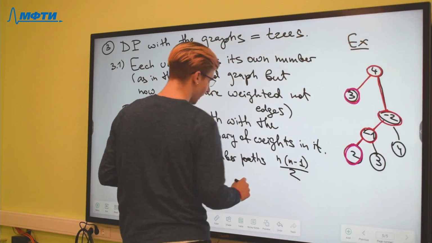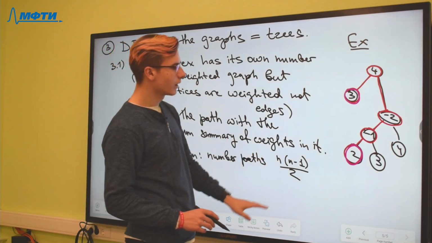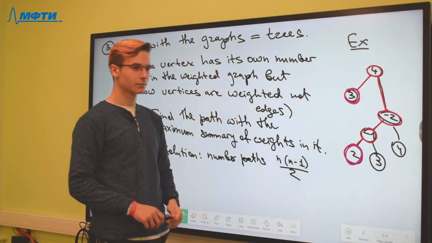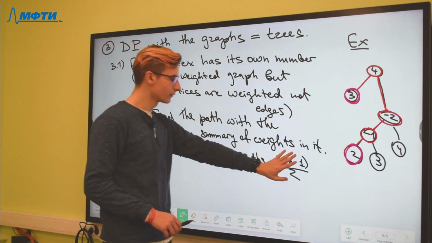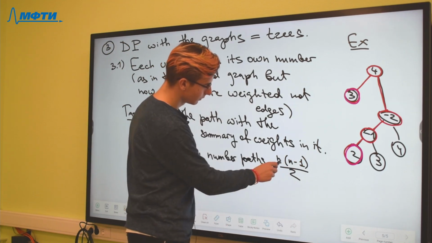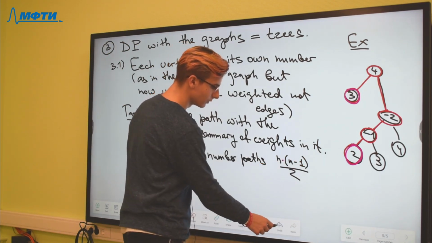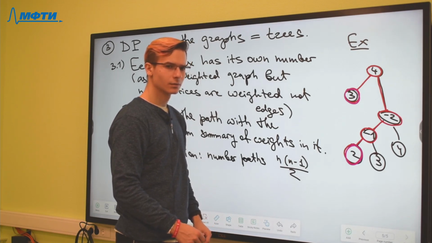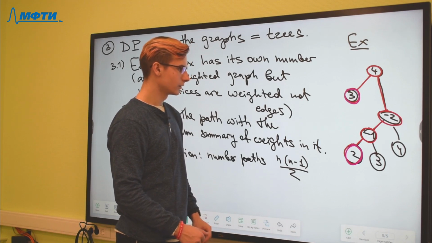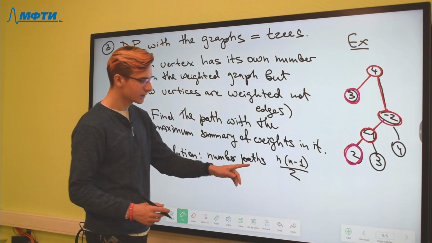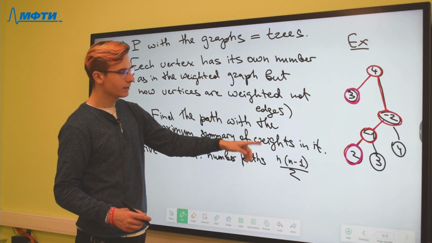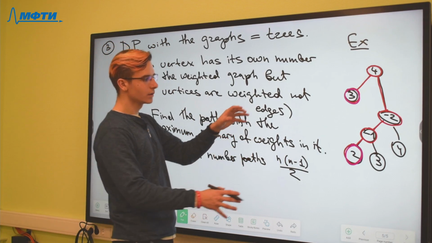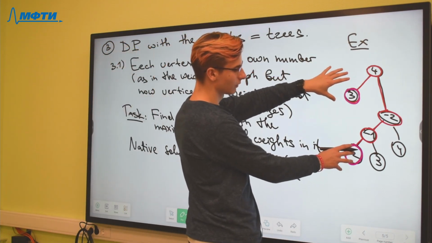Okay, I can repeat. Firstly, what is the number of vertices? N, here in this example. If we want to find a path in the tree, we need to find two ends of this path.